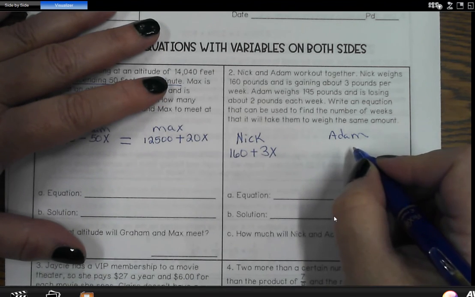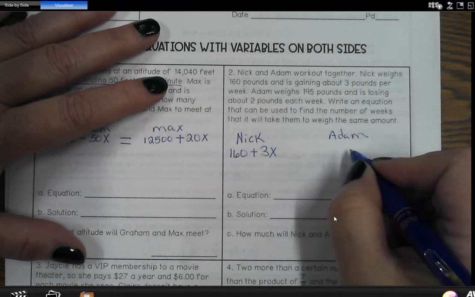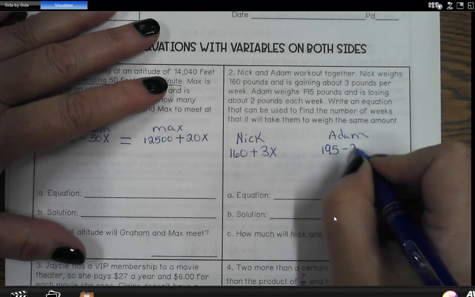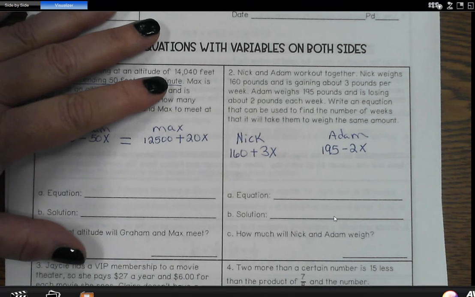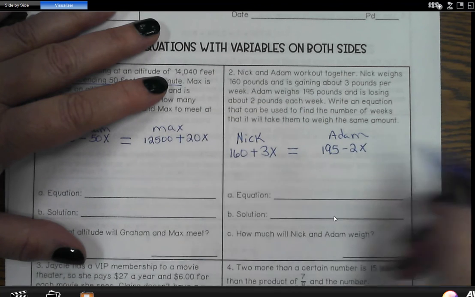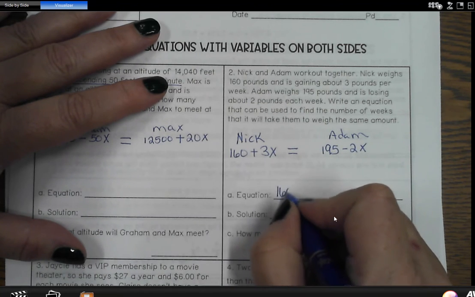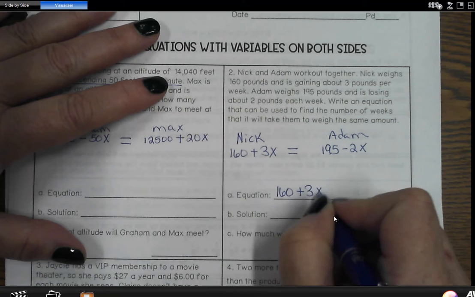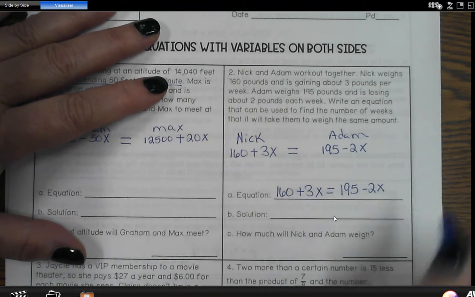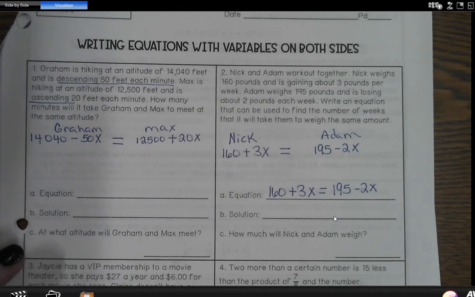Adam weighs 195 pounds and is losing 2 pounds each week. And they want to be equal weight, so it is equal. So I have 160 plus 3x equals 195 minus 2x. I would now like for you to solve that.